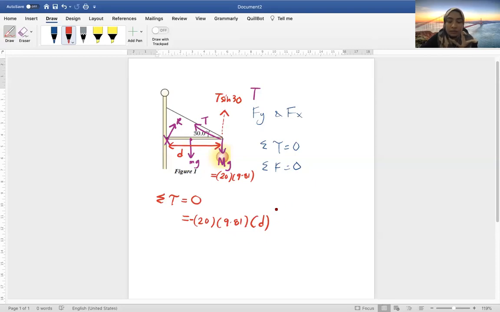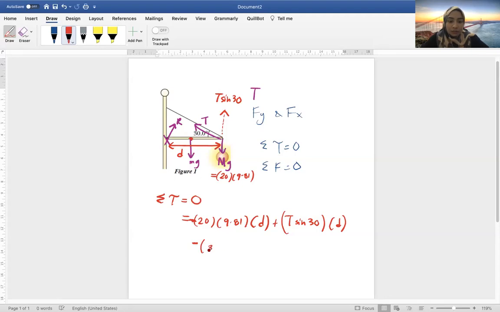T sine 30 is going upward, so it's going anti-clockwise, so it's positive, and that is also D. Then the weight of the beam, which is 3 kilograms, going downward, so clockwise and negative.